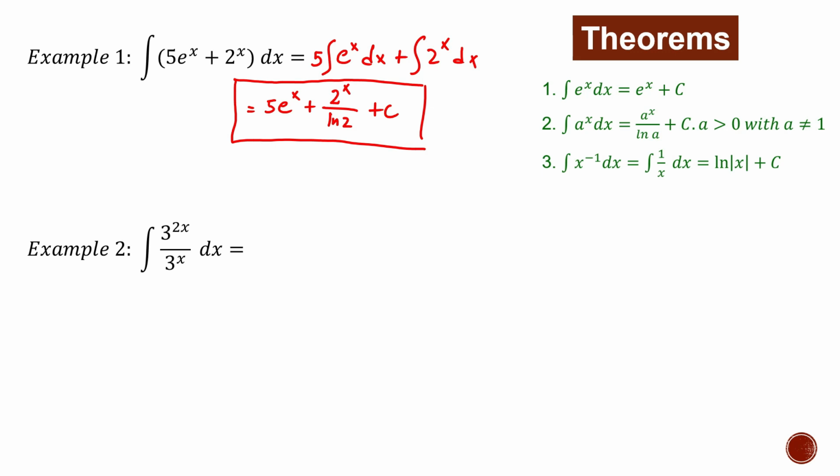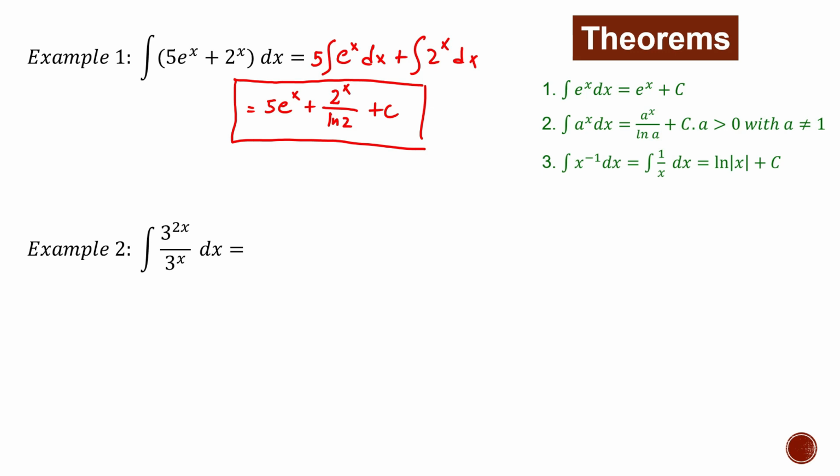Alrighty. Okay, let's go to the second example. 3 raised to 2x over 3 raised to x. And you might be wondering, where is that in the three theorems? Well, first we need to apply the laws of exponents. You can see here the bases are the same. They are both 3.